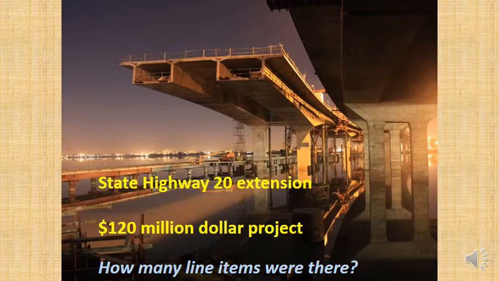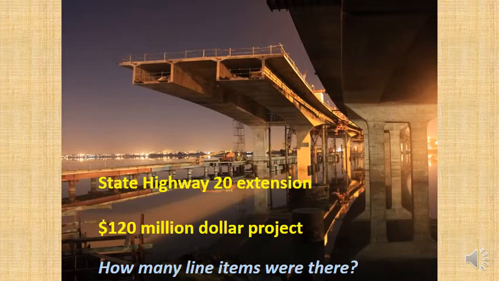So, I've got a question for you. How many line items were there in the final estimate? How many do you think there were? Well, if we were in class, I would wait for your guesses, but I suspect you would all underestimate. There were 3 million line items for this estimate.